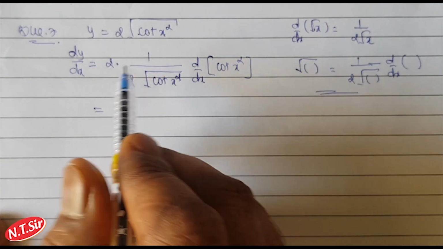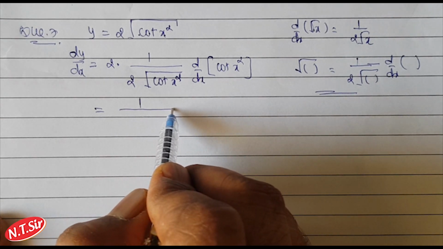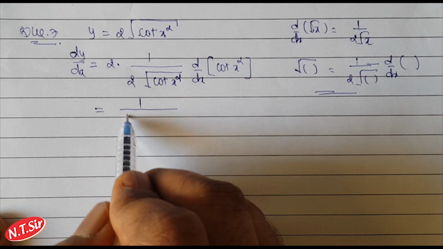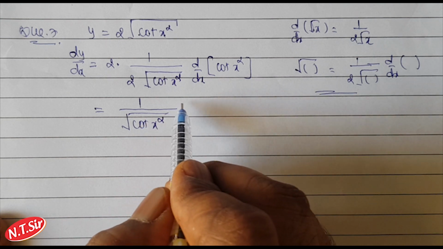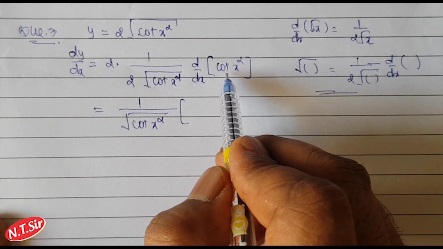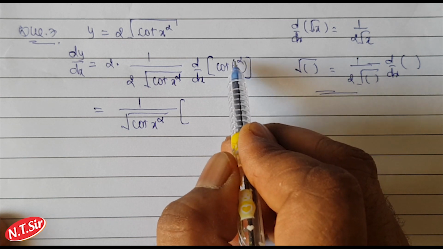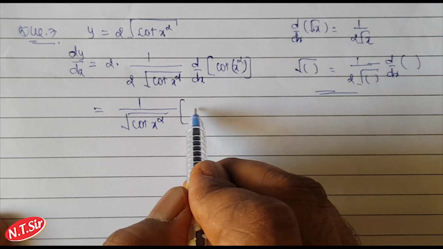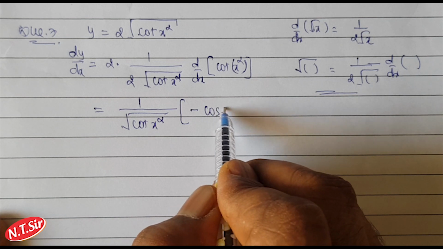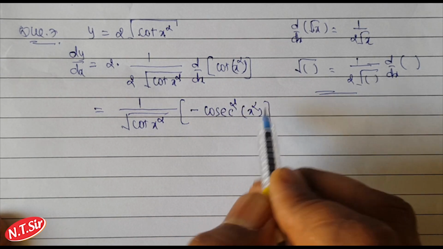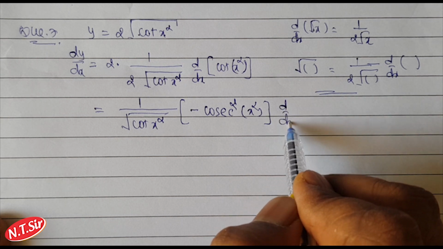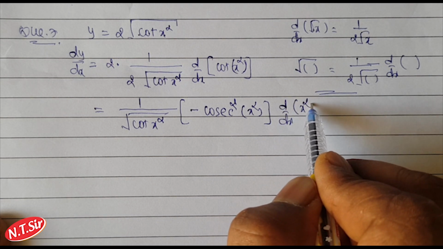So this 2 will be cut. This is 1 upon root cot x square into derivative of cot bracket. Derivative of cot bracket is minus cosec square bracket, and derivative of bracket again, that is x square.